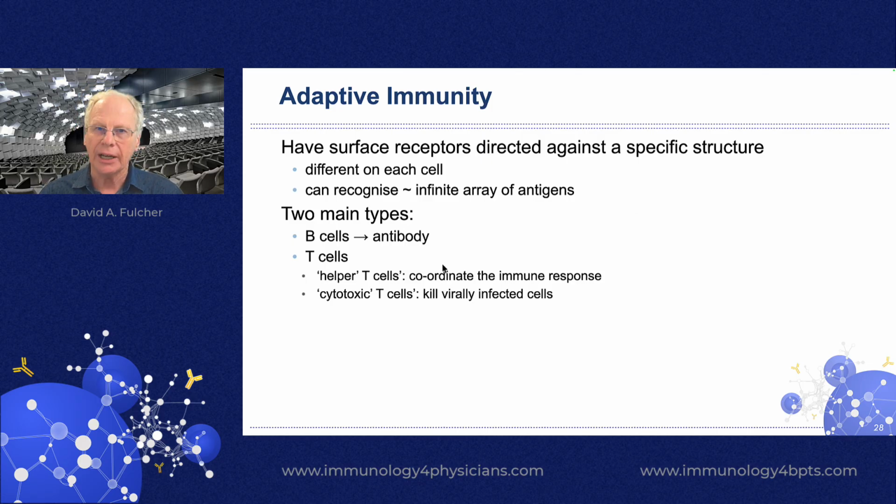There are two main types of cells responsible for adaptive immunity: B cells to produce antibody, and T cells to either coordinate the immune response, and we call those helper T cells, or to kill virally infected or otherwise intracellular infected cells, and we call those cytotoxic T cells.